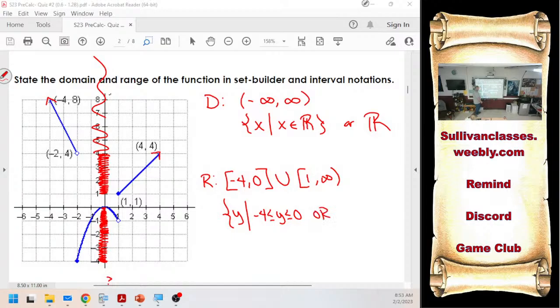Or, because there is a union, what's the other rule? I mean, you're not wrong, but we usually say it the other way. We'd say y is greater than or equal to 1. I don't know if y'all heard that.